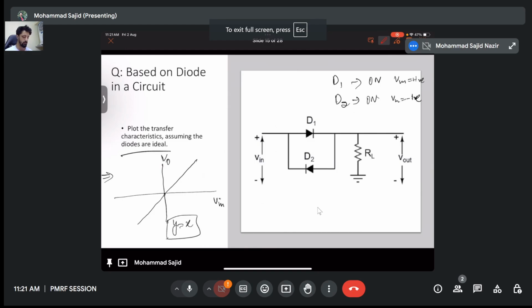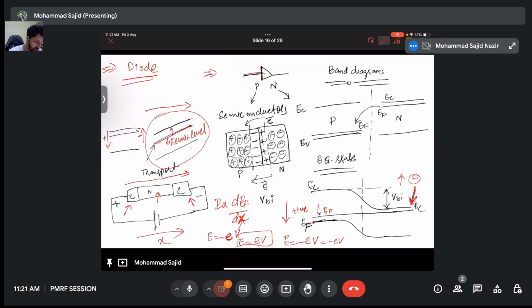So the discussion is on the diode. First, let's see the diode. And we had a discussion that this is how the diode is. This is the P side, this is the N side.